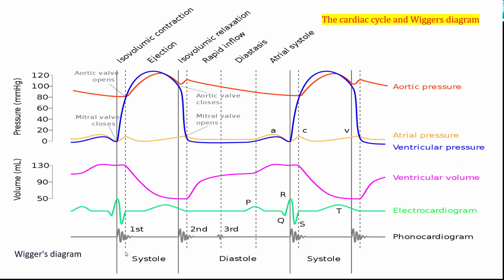At first look, this graph, which is called the Wigger diagram, creates in the mind of students tons of queries, but this is a very comprehensive graph and provides all the detail regarding the cardiac cycle.